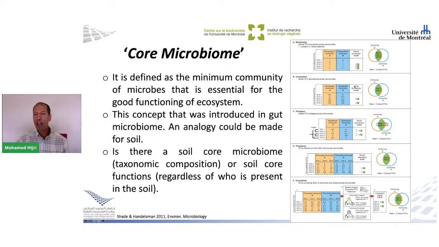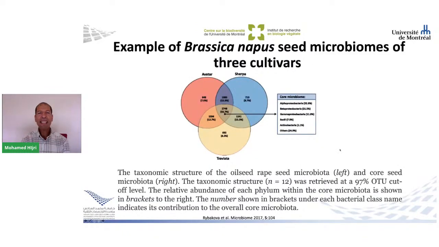And here, instead of using presence and absence, we are using abundance, so the percentage of occurrence within the community. We can also use phylogeny, but also OTUs that are shared across different communities.